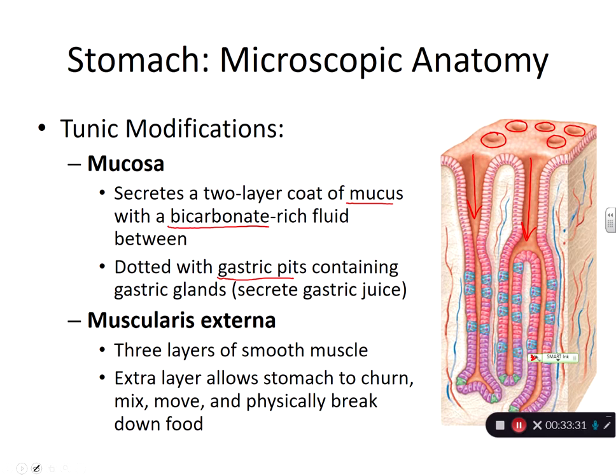In the stomach, it has 3 layers of muscle. It has an extra layer. The extra layer is an oblique layer of muscle, and it really helps the stomach to churn that food more, mix it with that gastric juice. It does a better job of moving with that extra layer and helps with a continuous mechanical breakdown of your food.